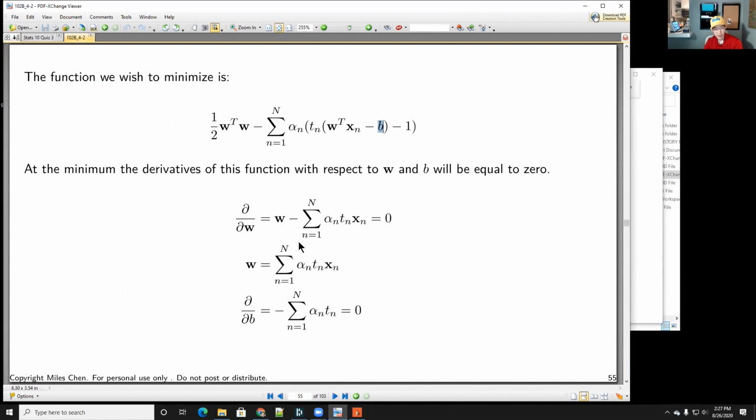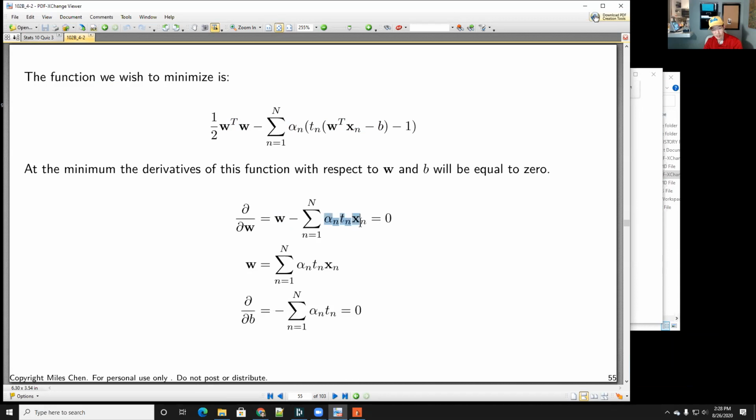So at the minimum, the derivatives of this function with respect to w and b will both be equal to 0. Taking the derivative with respect to w, we get w minus, and these terms go away because they don't change with respect to w, and then the rest change with respect to w, and they're just being multiplied.